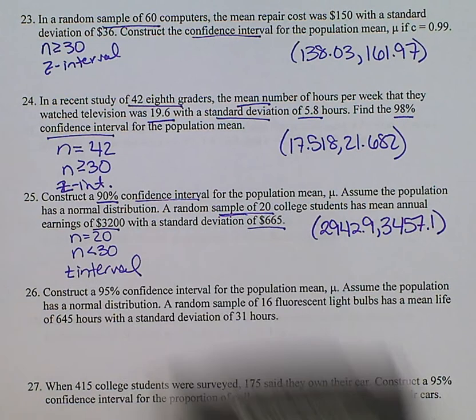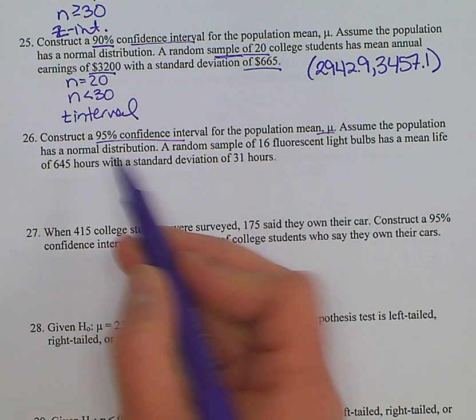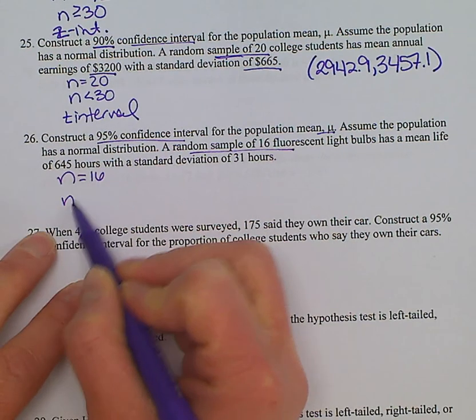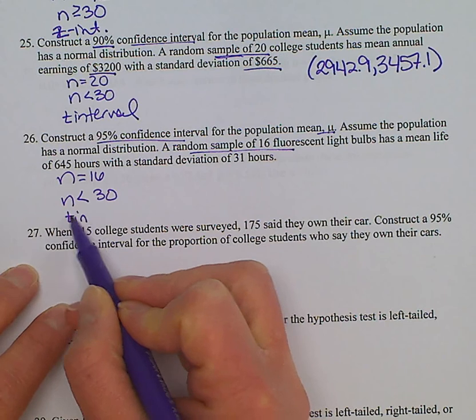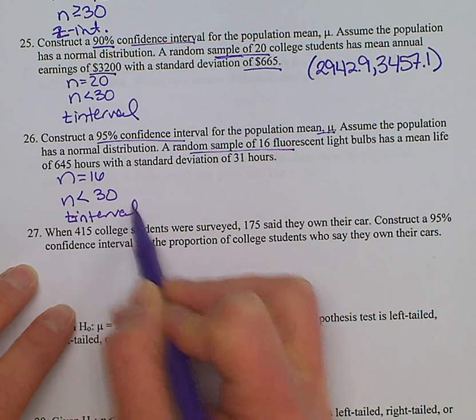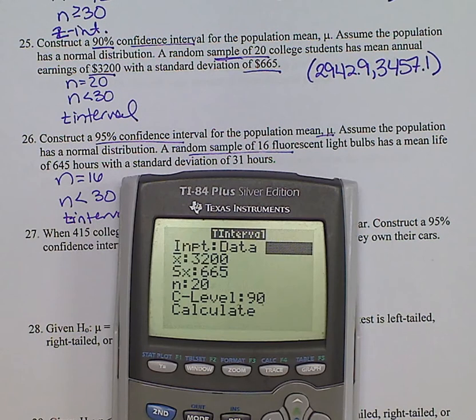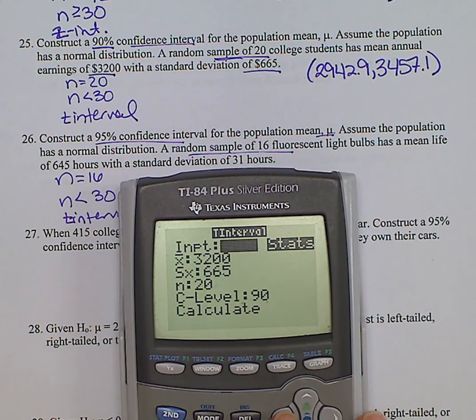26. Construct a 95% confidence interval for the population mean. We have a random sample of 16, so N is 16. We're calculating our confidence interval for a mean of a small sample. So we're going to use T interval. So Stat, Test, it should be option 8. We have the statistics. Our mean here is 645 hours.